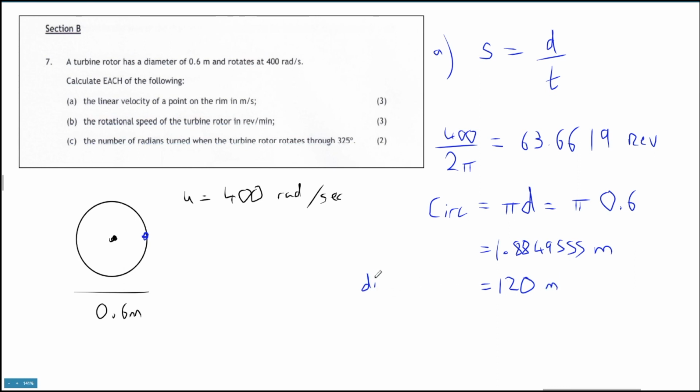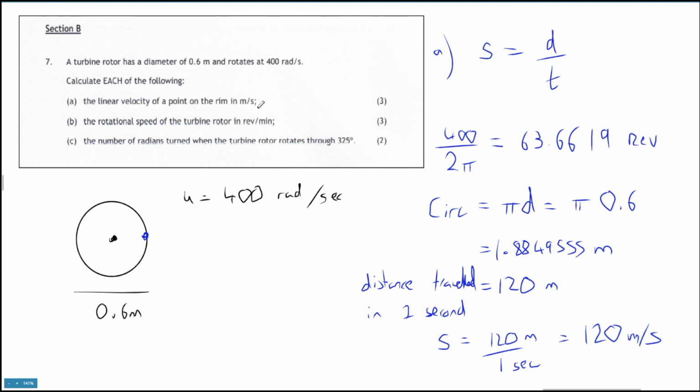This is the distance traveled in 1 second, which happens to be the speed or the velocity, because velocity is distance divided by time. It's going to be 120 meters divided by 1 second. So the velocity is 120 meters per second, which is exactly what they're asking for, of a point on the rim. That's great.